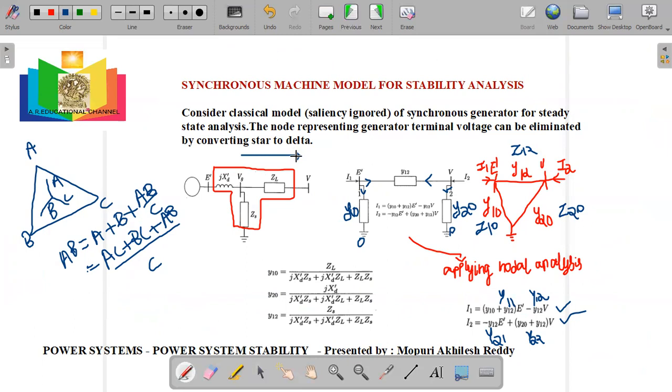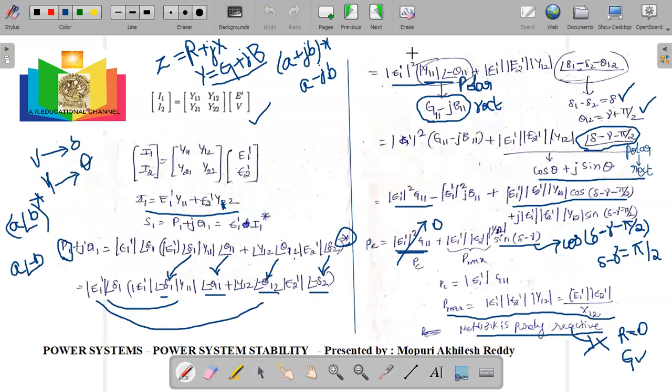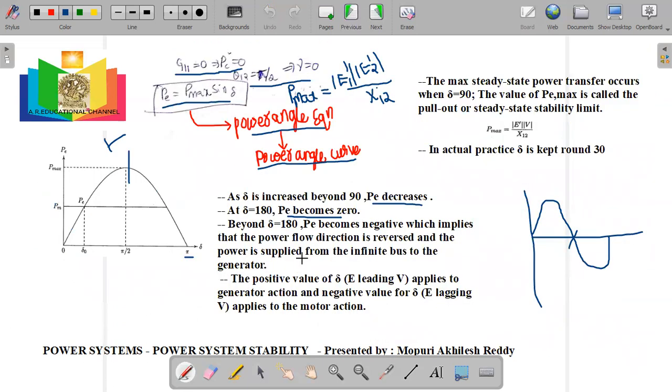When del exceeds 180 degrees, PE becomes negative and power is taken from the grid, which means it acts as a synchronous motor. So for 0 to 180 degrees, it acts as a synchronous generator, and for greater than 180 degrees, it acts as a synchronous motor. The maximum steady state power transfer will occur at del equal to 90 degrees. That is PE max. This is called the pull out or steady state limit. As I said here, this is the P max.